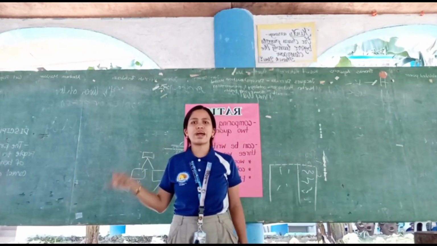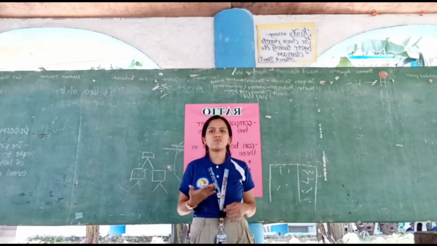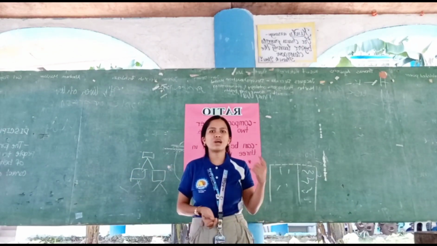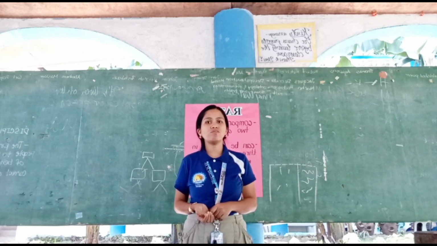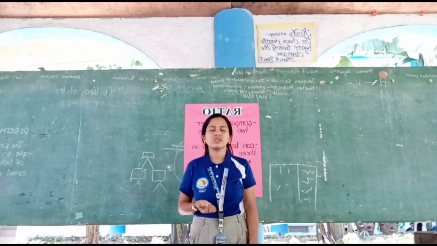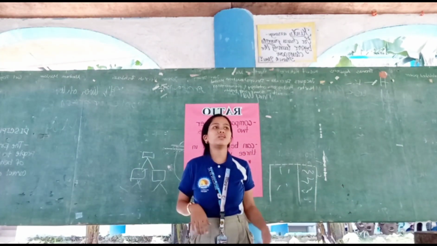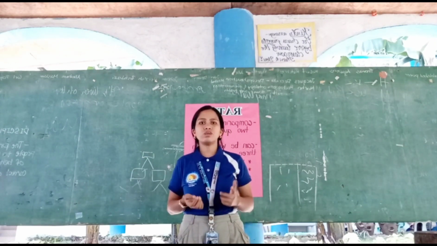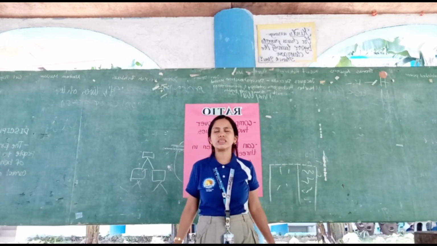We have red and blue. And we have 2 quantities. How many red balloons have popped? They have 7. And how about the blue? They have 13. So in conclusion, blue balloons popped the most compared to the red balloons.